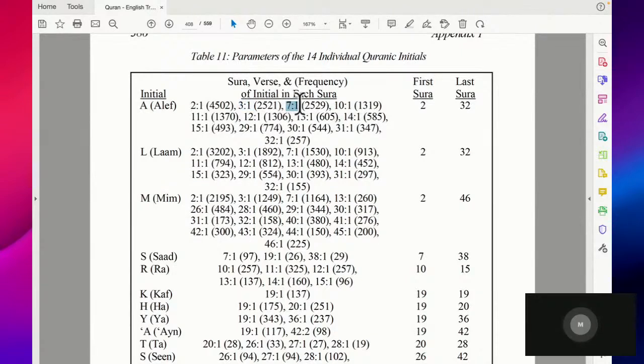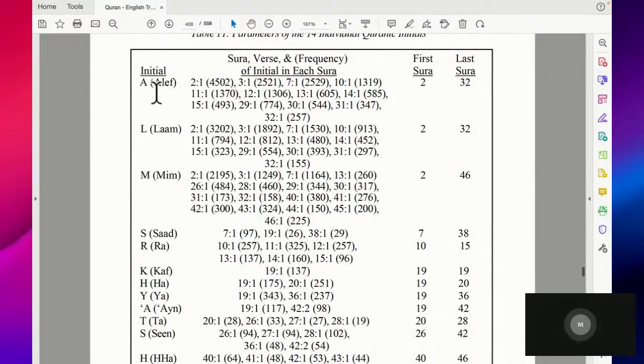A has also occurred in Surah 7, verse 1, and these are the counts of that letter in that surah, within the parentheses. So the numbers within the parentheses are the number of occurrences of that letter in that surah. This is what it means for the second column that we have here.